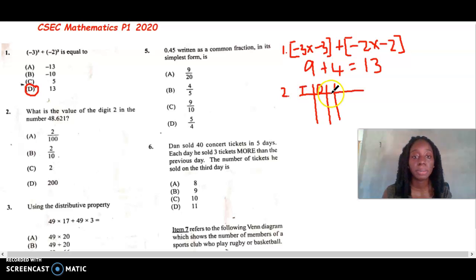This column is the decimal point, and the first column to the right of the decimal point is the tenths column. The second column is the hundredths column.